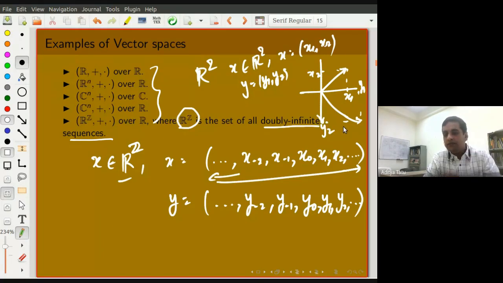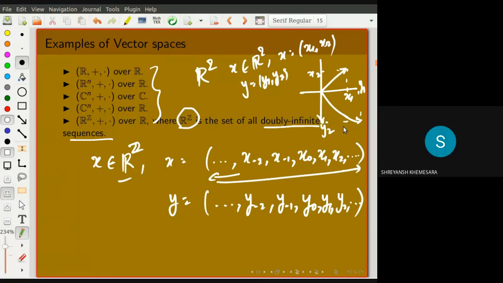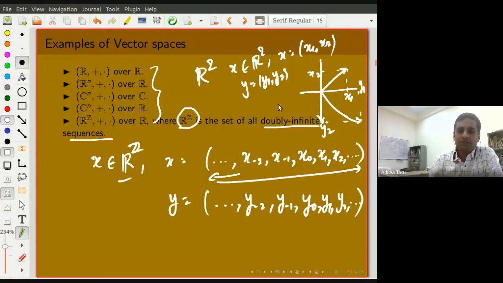So you should see this example as just an extension of Rn. Why should we stop only at n components or n tuples? Let that n tend to infinity, you get sequences. That's basically how it is.